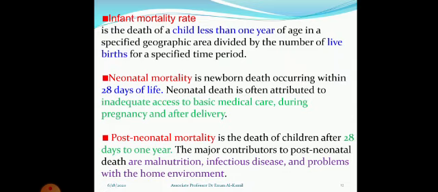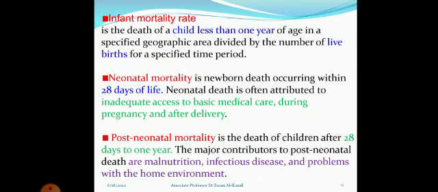It is a very important and sensitive indicator for comparing the health status of two populations, because infants are more vulnerable and more liable to be affected by any difference in socioeconomic status or in the environment. So it is very important and sensitively used in comparing two communities.